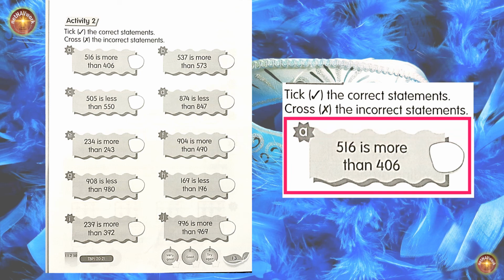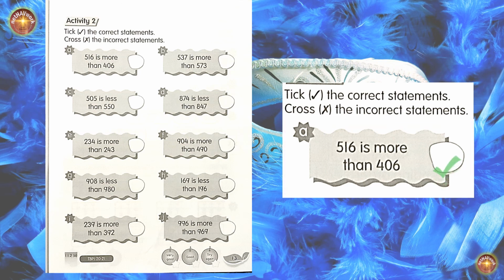A. Compare this. 516 is more than 406. Is this correct? So, if this one is correct, you tick the answer like this. Alright? Or if this one is incorrect, you put X.